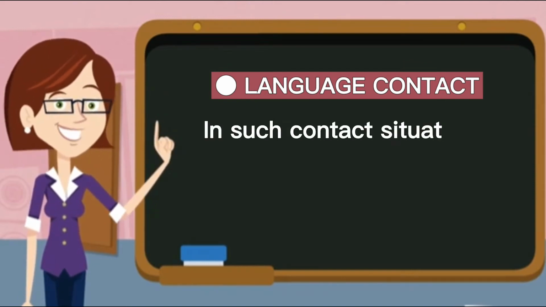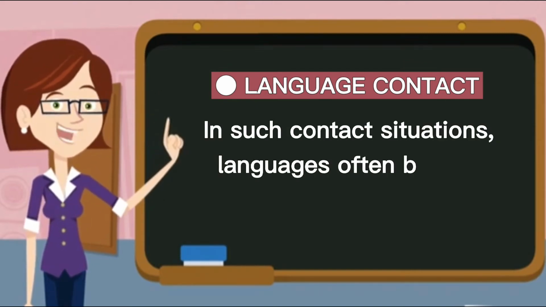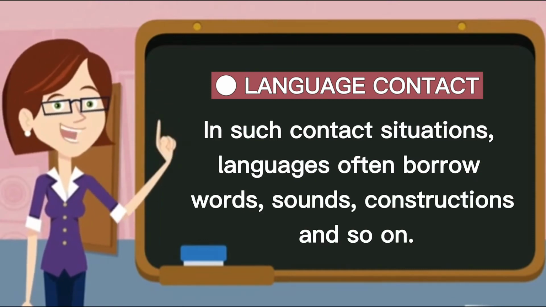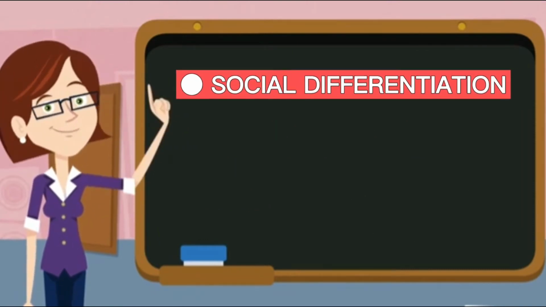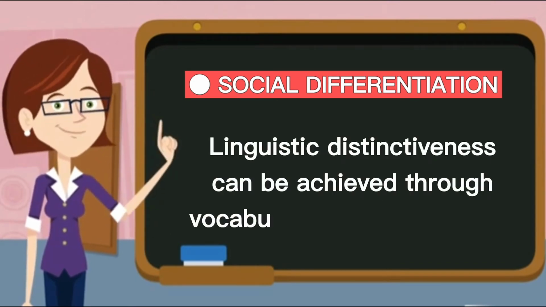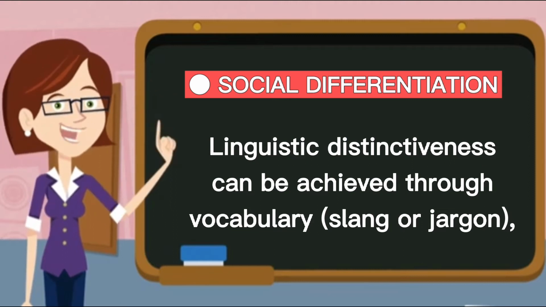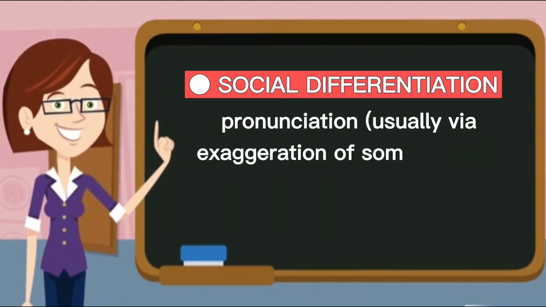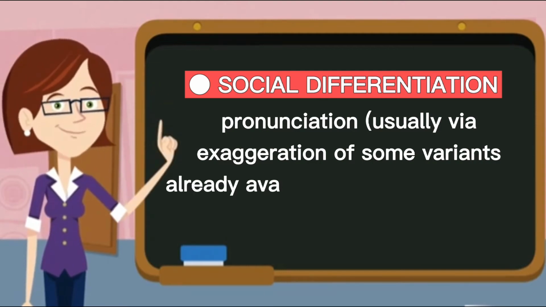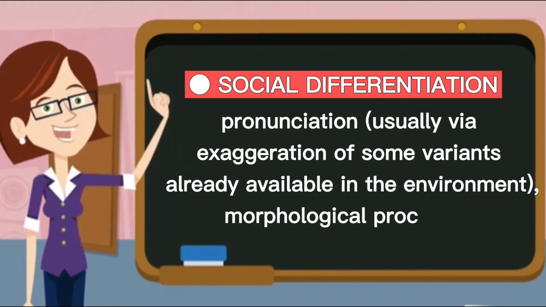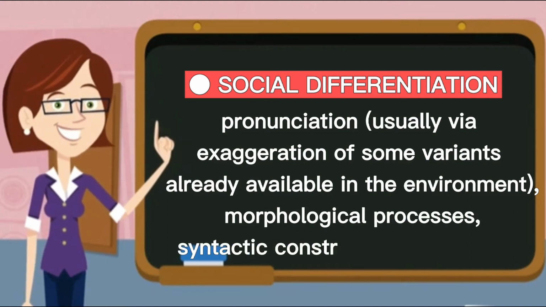In such contact situations, a language often borrows words, sounds, constructions, and so on. Social differentiation. Differentiation can be achieved through vocabulary, slang or jargon, pronunciation, usually via exaggeration of some variants already available in the environment, morphological processes, syntactic construction, and so on.